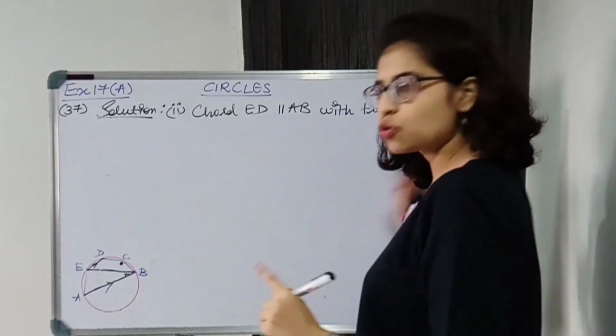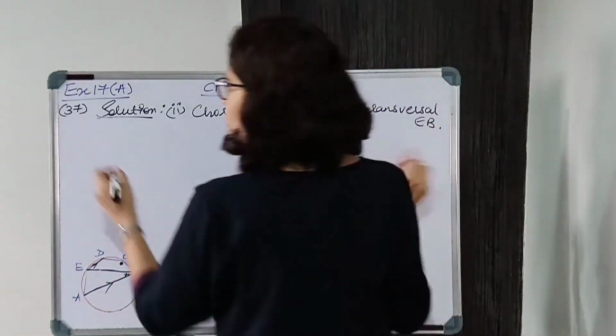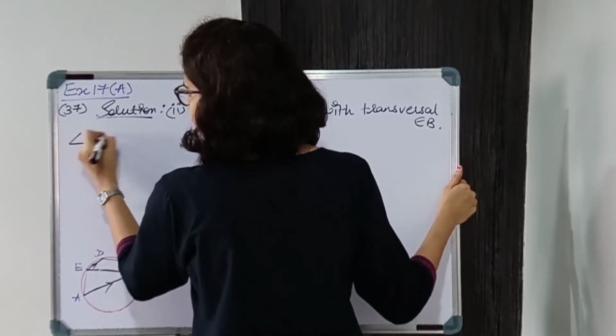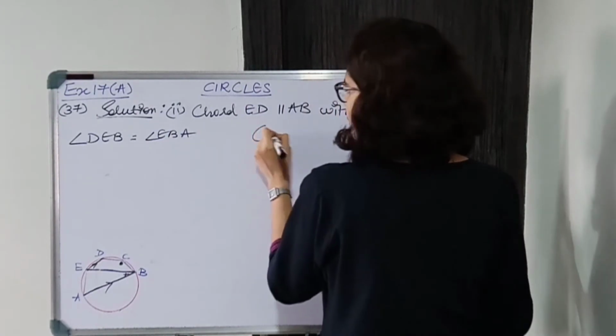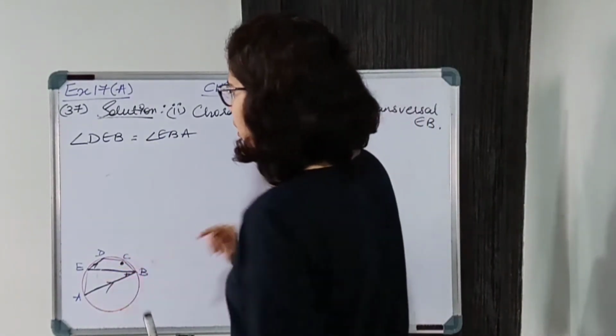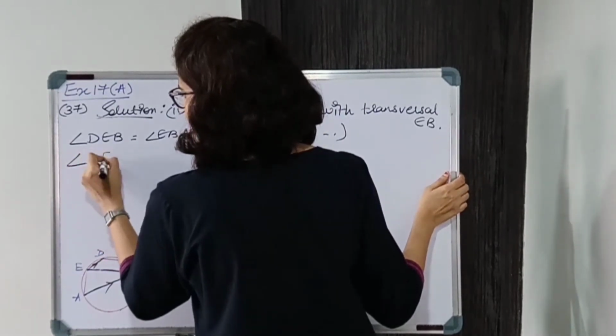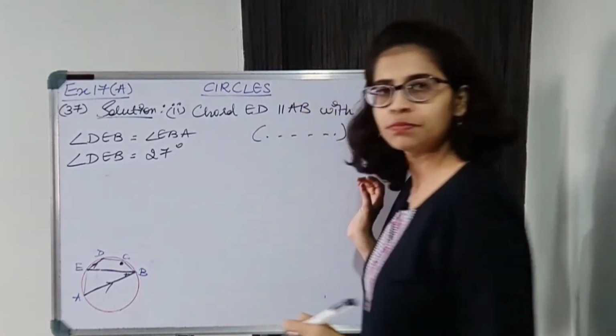Okay, so therefore DEB and EBA are alternate angles, therefore they are equal. Angle DEB is equal to angle EBA. Give reason alternate angles. Okay, EBA we just found is 27 degrees, so substitute the value, so DEB मिल गया.